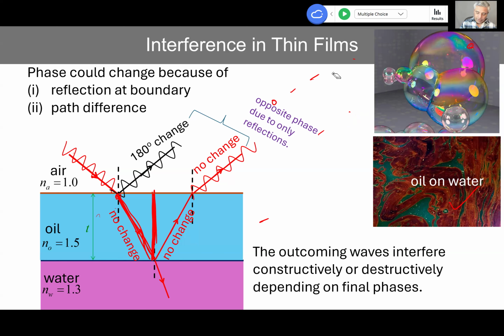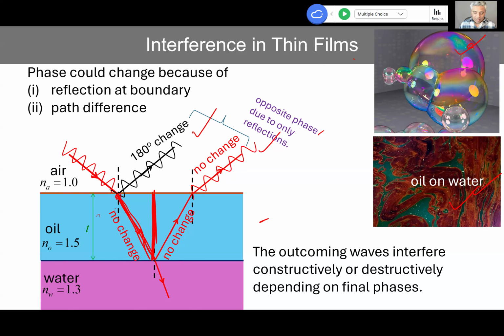So if there was no phase change between these two, then they would be constructively interfering. But since there is a phase change, they are destructively interfering. But what we see is, for example, color here means we are seeing there is constructive interference going on. Otherwise, it would be just dark.